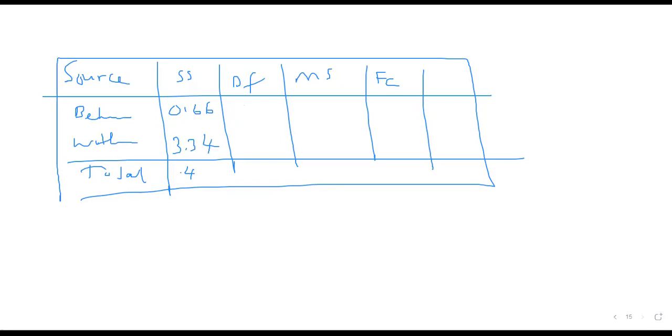Then here, what do we get? For between it's 2: K minus 1, so K minus 1 is 2. And for within, N minus K, the other one is 6.